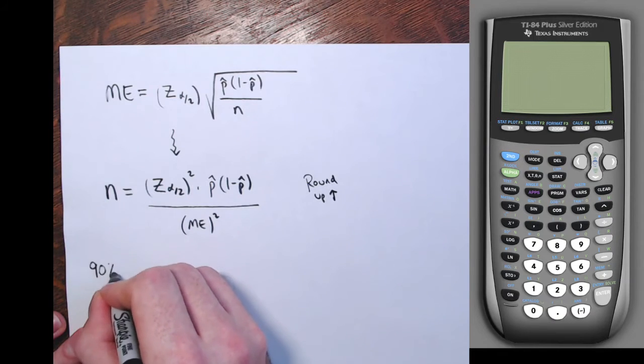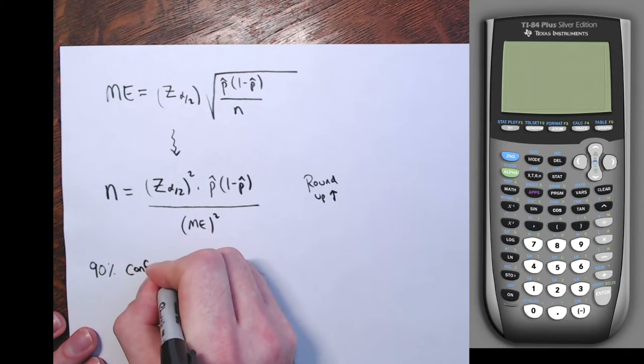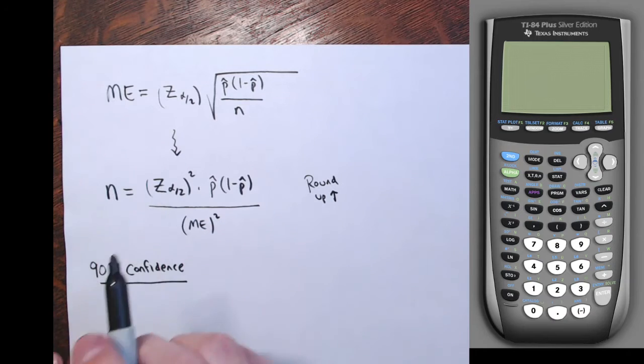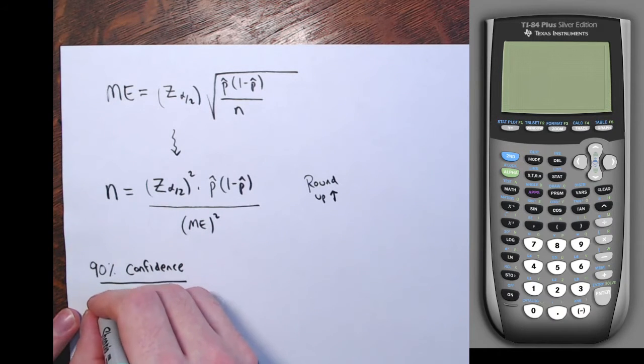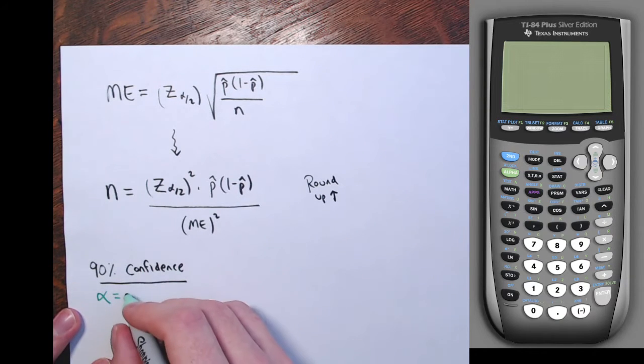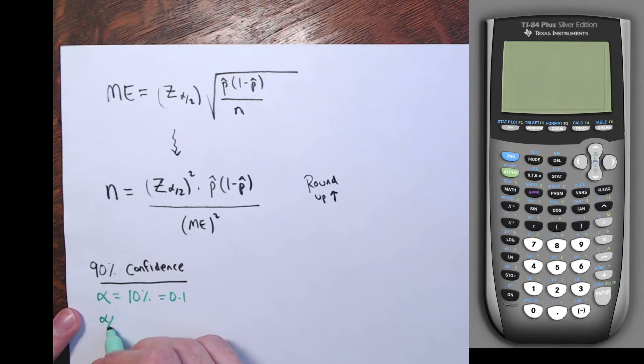they're talking about a 90% confidence level. So that helps me find this alpha over 2, this z-score. I need to find the z-score there. Now, if 90% is the confidence level, the value of alpha is the remaining 10%, or 0.1. And then alpha over 2 would be 5%, or 0.05.